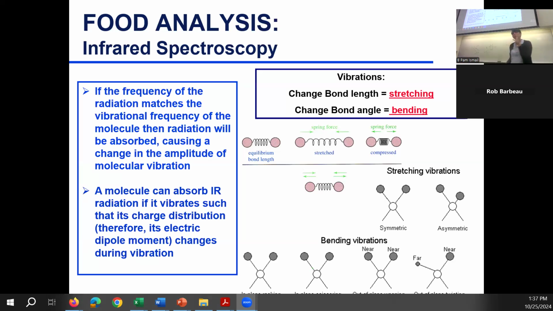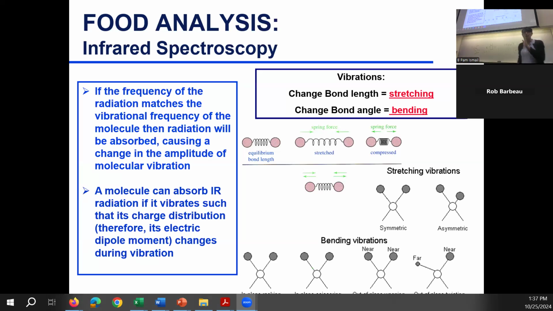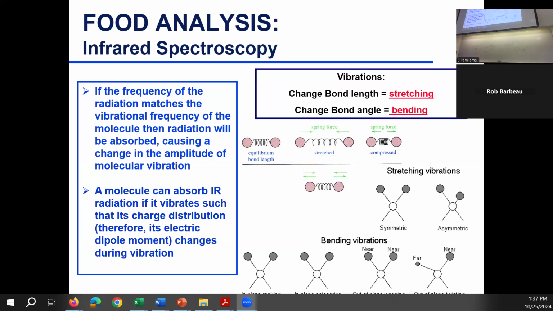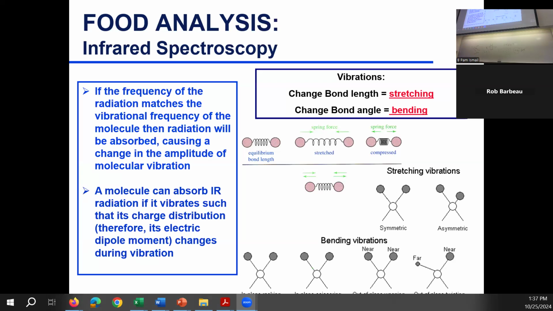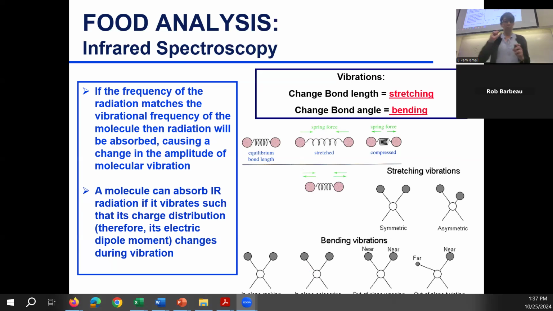So it's the same with absorption of UV and visible light. If the energy projected is within the allowable energy levels for vibration, then the molecule will absorb the light. If it's not, it will ignore it, it won't absorb light if it's not within its allowable energy.